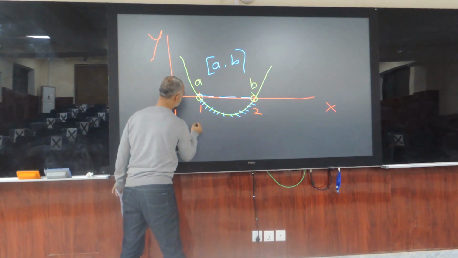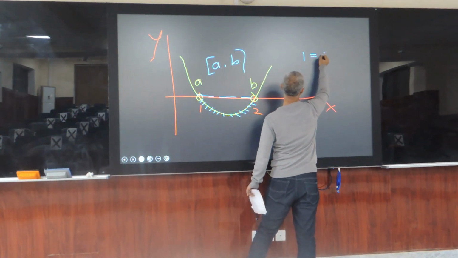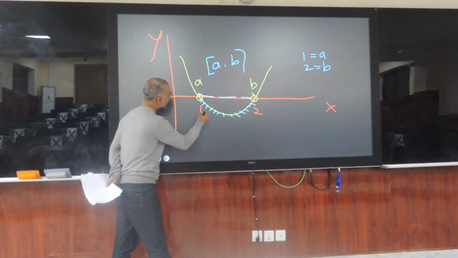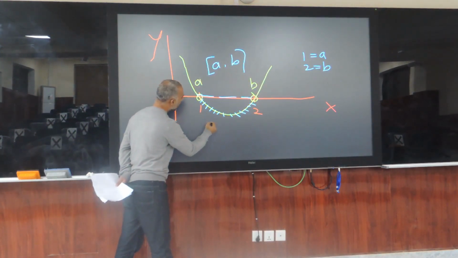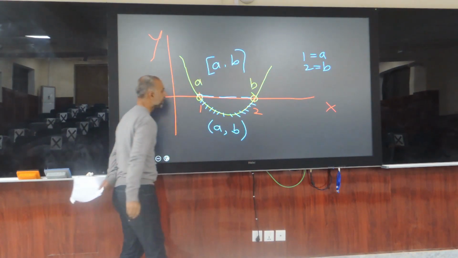Basically 1 represents A, 2 represents B. So this is differentiable on the open interval A to B.